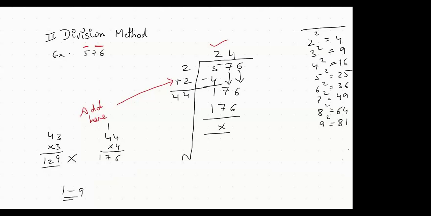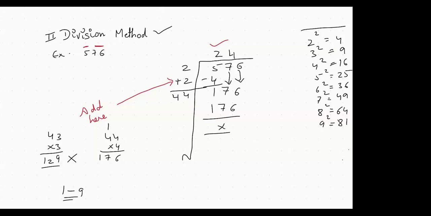If it is not given in the question and it says find the square root, you can easily do it with the factorization method, which is easier. But if the question specifies the division method, then we are going to use this division method.